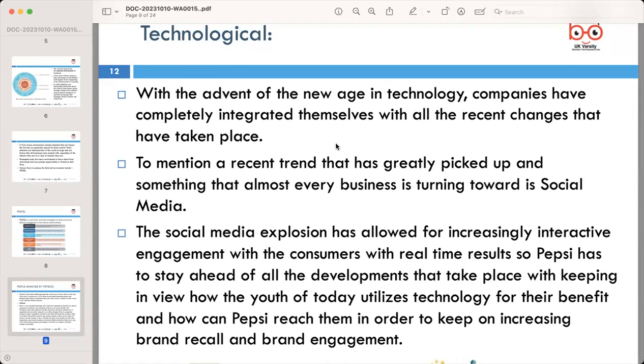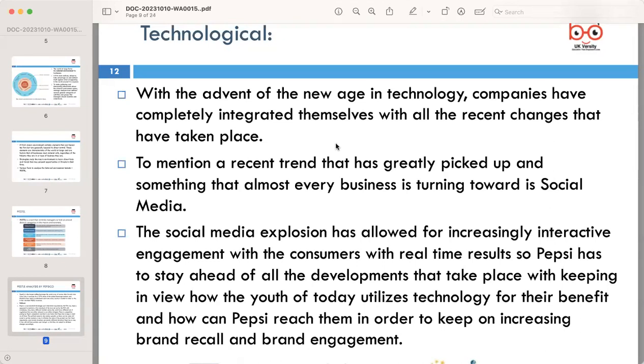Okay, so basically in the era of rapid technological advancements, companies must embrace and adapt to the latest changes. One prominent trend that businesses are increasingly adopting is social media. The explosion of social media platforms enables real-time interaction with consumers and provides immediate feedback.